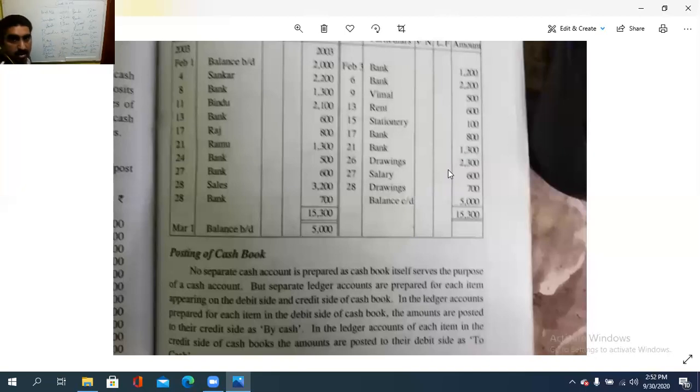That 600 is not coming here. Rent paid by check. Check rent pay, isn't it?